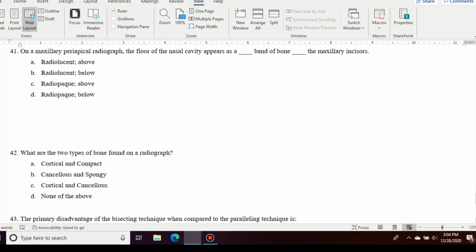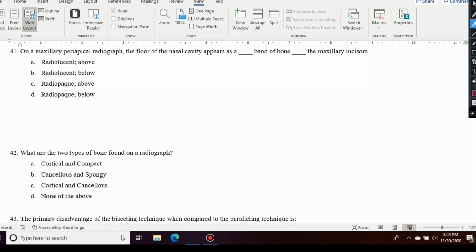Number 41. On a maxillary periapical radiograph, the floor of the nasal cavity appears as a blank band of bone, blank to the maxillary incisors. A. Radiolucent and above. B. Radiolucent below. C. Radiopaque above. D. Radiopaque below.